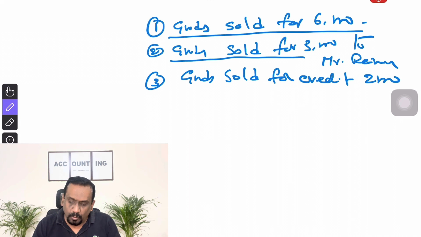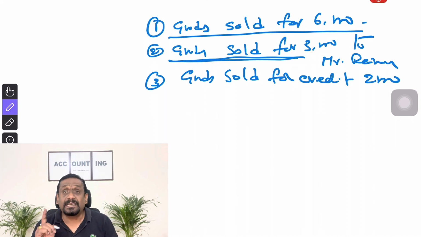Second one, goods sold for 3,000 rupees. To whom? Mr. Ram. Here did they mention about cash or bank? No. But did they give the name? Yes, they have given the name. So the second transaction should be considered as a credit transaction.